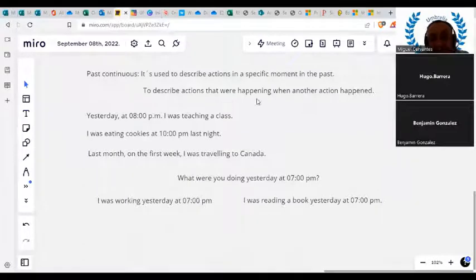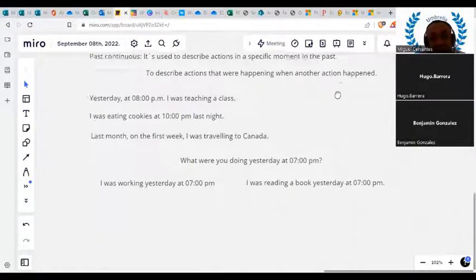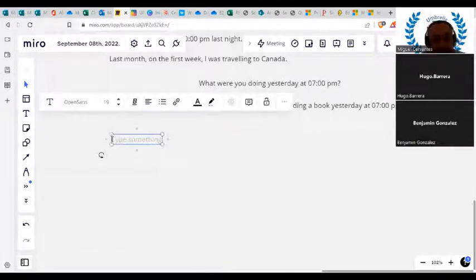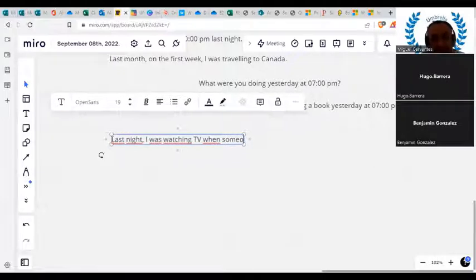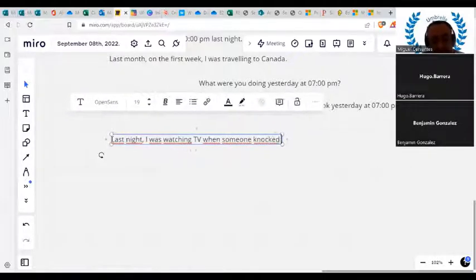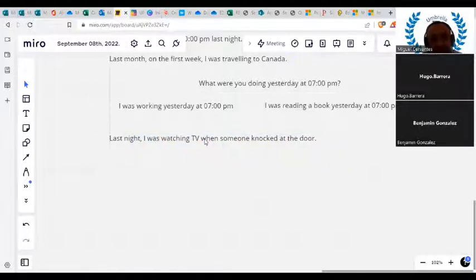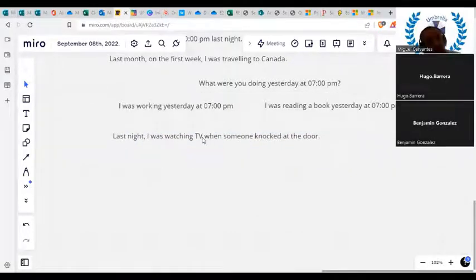To describe actions that were happening when another action happened. For example, last night I was watching TV when someone knocked at the door. Y dice, chicos, anoche estaba viendo la televisión cuando alguien tocó a la puerta.